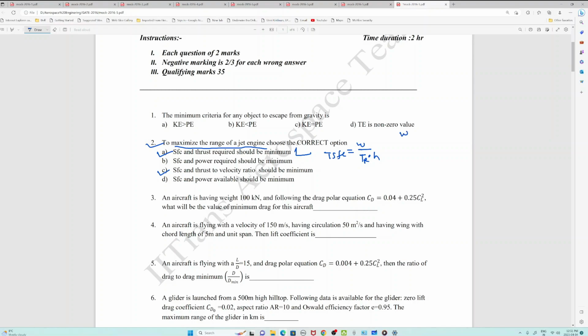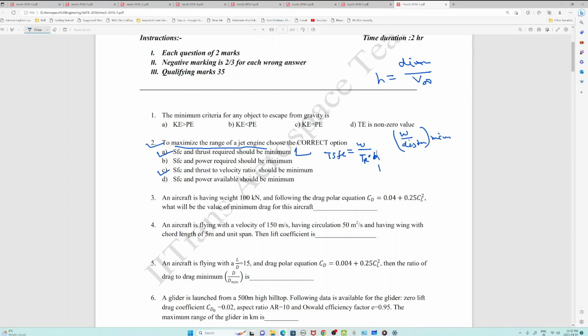So W by distance. Here we'll put the distance, which is equal to time, H is the time, guys. Distance divided by V infinity.